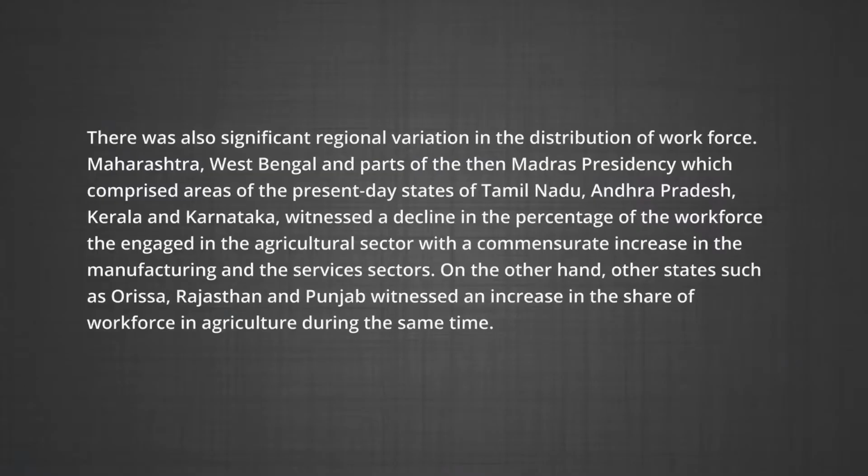There are also significant regional variations in the distribution of workforce. Maharashtra, West Bengal and parts of the Madras Presidency, which comprised areas of present day states of Tamil Nadu, Andhra Pradesh, Kerala and Karnataka, witnessed a decline in the percentage of the workforce engaged in the agricultural sector, with a commensurate increase in the manufacturing and the service sectors.